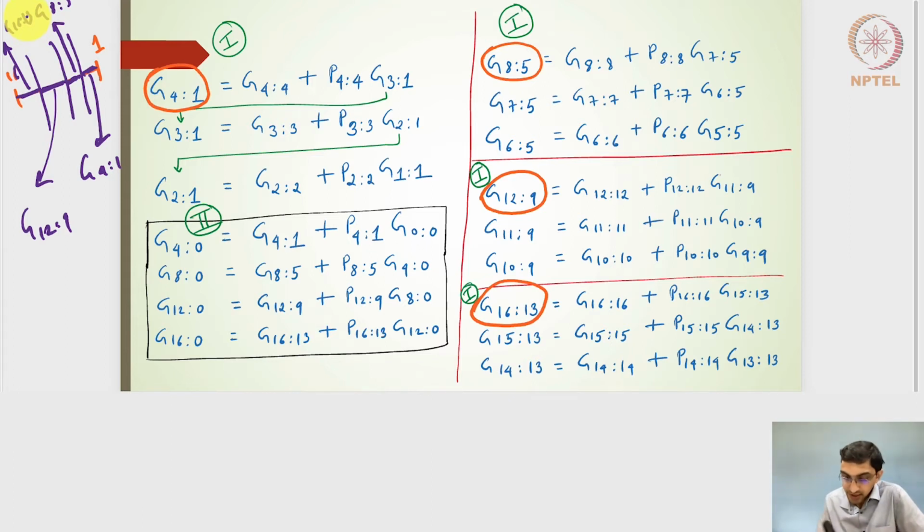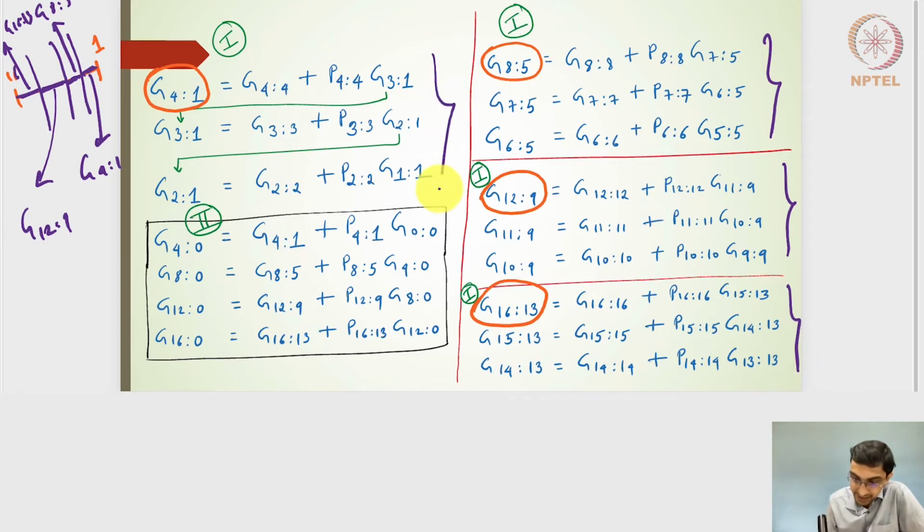Right? So G4:1 depends only on G3:1, and then the bit level 4 generate and propagate bit, and G3:1 depends on G3:3, and then P3:3, G2:1, and so on, right? So all these individual groups of 4 bits can be generated simultaneously, and they don't have to depend on the other groups.